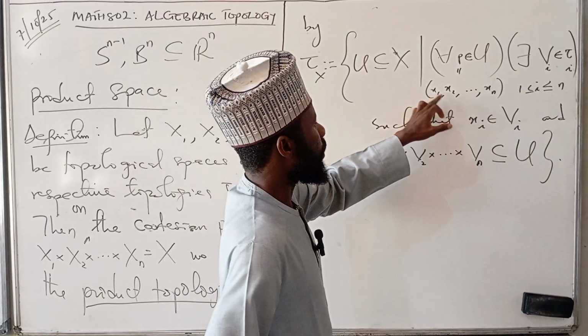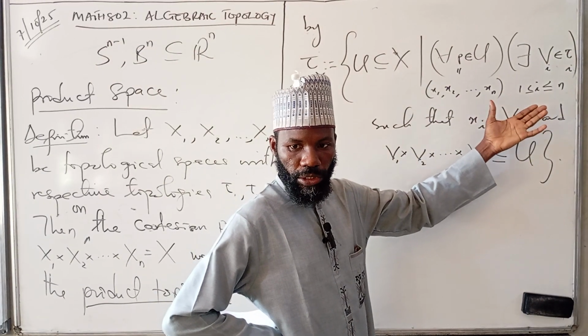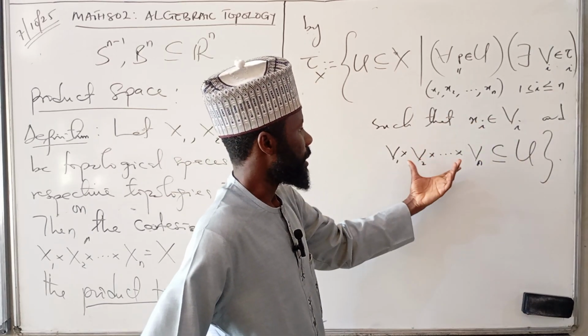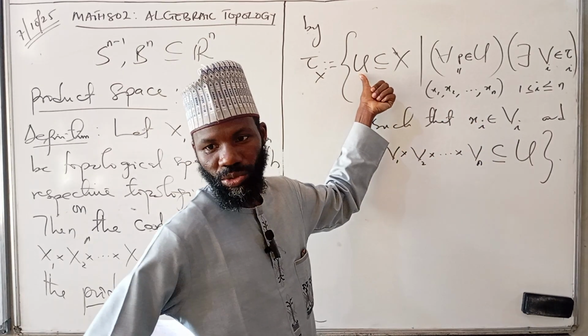So there is a neighborhood of the coordinate of that point, such that the Cartesian product of the neighborhoods will be sitting inside this U.